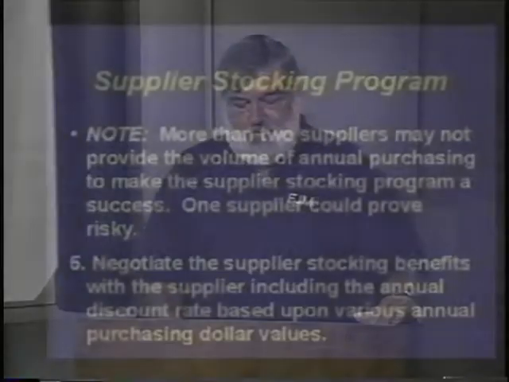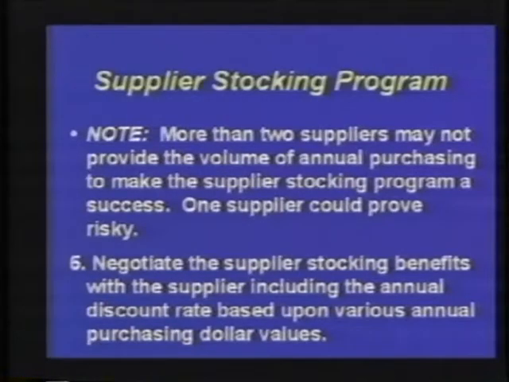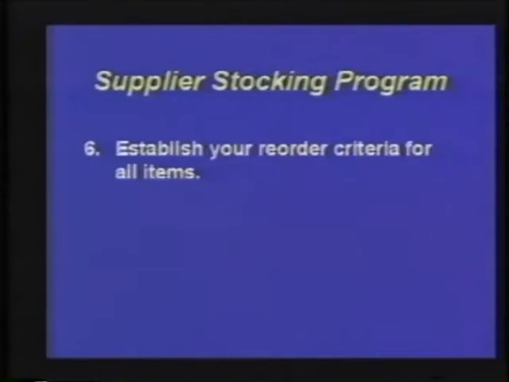The 5th step is to negotiate with the supplier the benefits, including any annual discounts or a fixed cost to you over a minimum of 6 months. And continuing on to the next exhibit on page 39, we're going to establish the reorder criteria for all items. In other words, when do you reorder?